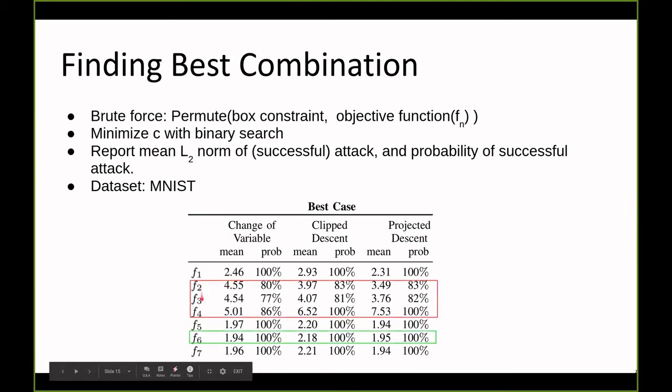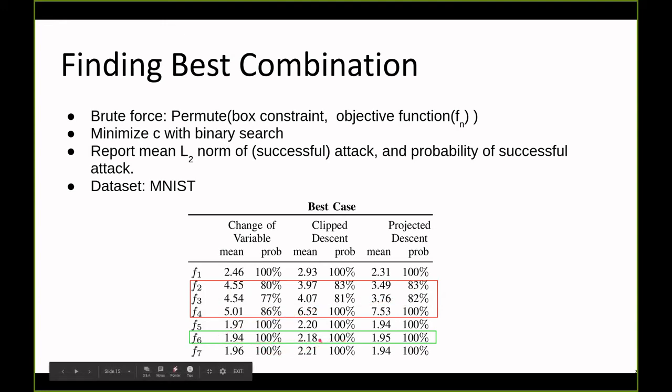So functions 2, 3, and 4 turned out to be the worst. They scored the lowest. Sometimes they weren't able to find adversarial examples, and always, their perturbation sizes were much larger. F6 once again was the best.